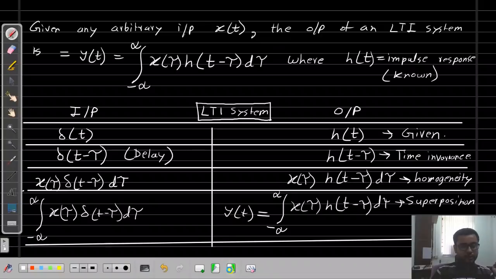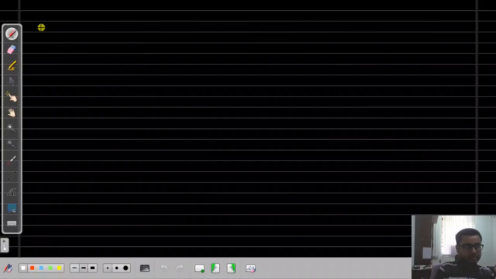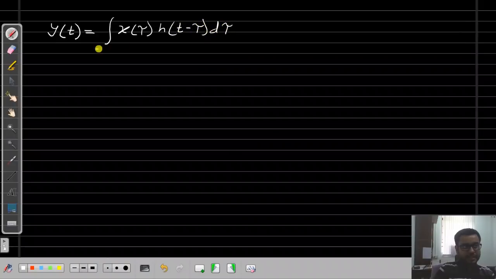Okay, now let us write this formula once again, that output is the integral of x of tau h of t minus tau d tau from minus infinity to plus infinity. This is called a convolution operation. So let me write it. This is called convolution.